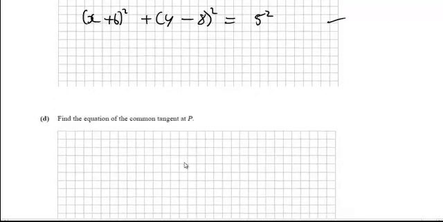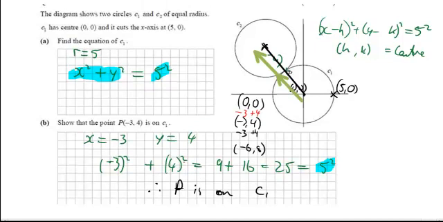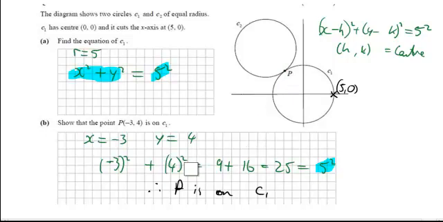So we want to find the equation of the common tangent at point P. Right, well, point P we know, and we look back at the diagram here, this is point P, and what we want to do now is work out the tangent at P. So I'm going to rub out the rest of the stuff on that diagram, and what we've got is the tangent here.